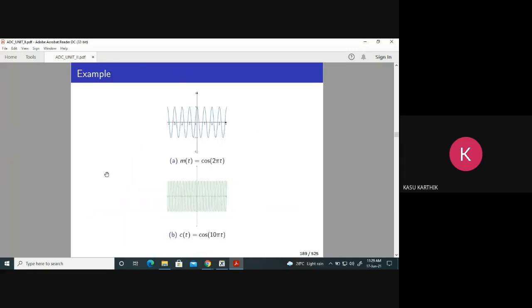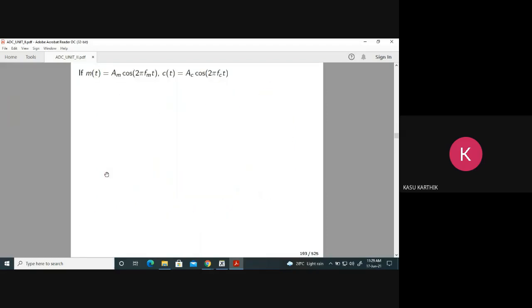Simple. DSBSC means double sideband suppressed carrier. You take the AM signal, you suppress the carrier or remove the pure carrier component. So you get DSBSC. The name itself indicates it has two sidebands without carrier.